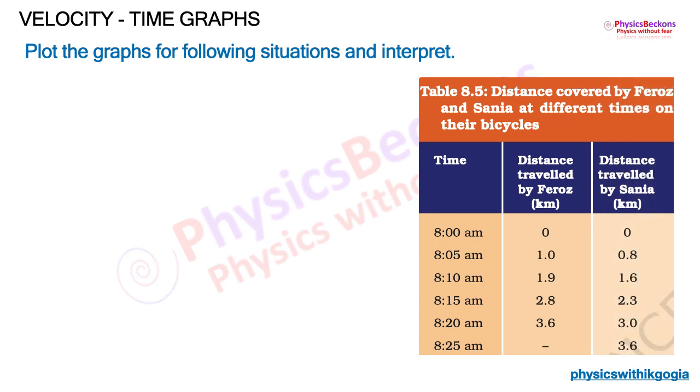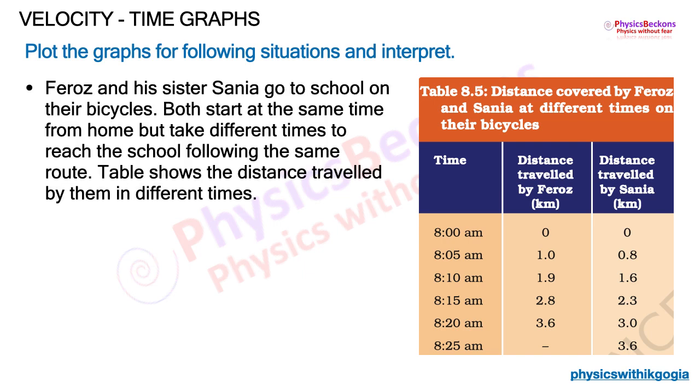Here is another example. Firoz and his sister Sania go to school on their bicycles. Both start from home at the same time, but they follow the same route and take different time to reach the school. The table shows the distance traveled by the brother and sister at different times.